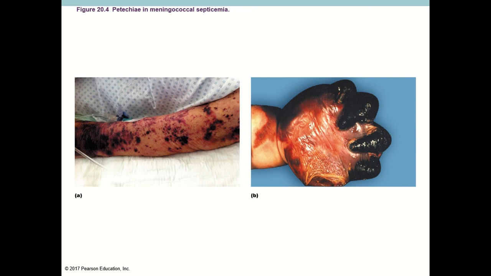Treatment involves intravenous administration of penicillin. Intravenous tends to be the fastest way to get the antibiotic to the tissues, right? If you make the person ingest it, assuming that the person is conscious, then it's going to take hours for the penicillin to take effect.